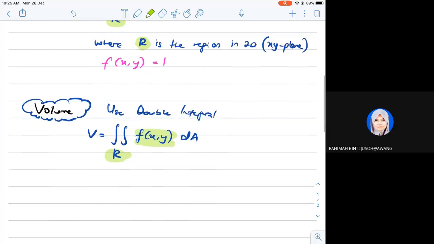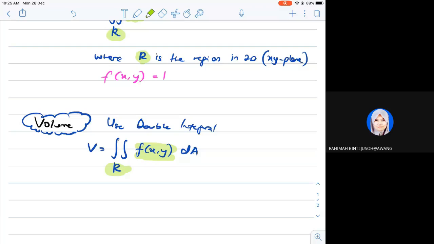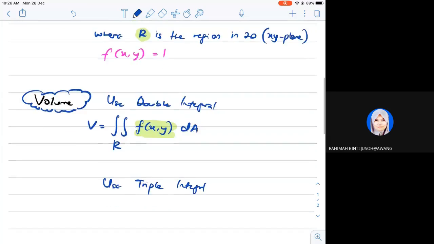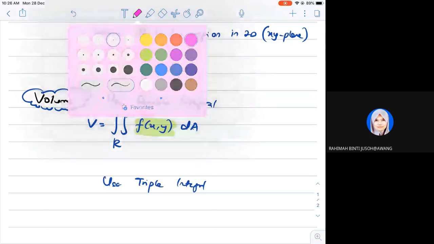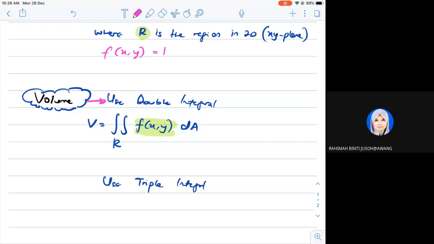Next, if we want to calculate volume by using triple integrals, we use a triple integral. So we have two formulas here. Number one, by using double integration. Number two, by using triple integration.